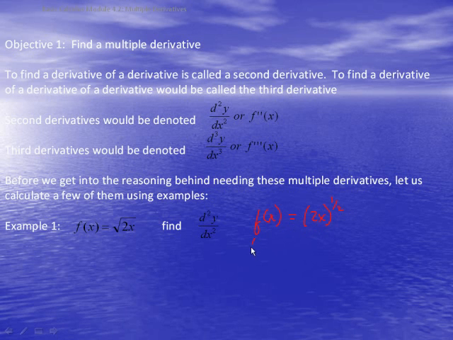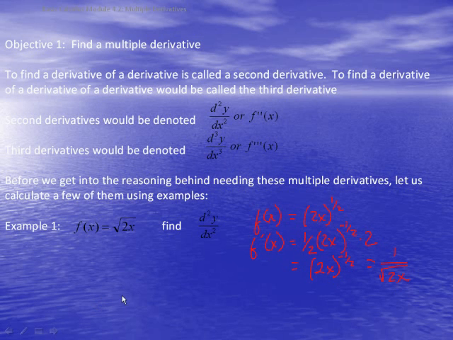And so that would mean that f prime of x would be equal to 1/2 times 2x, and we're going to subtract 1, so it would be negative 1/2, times the derivative of the inside using the chain rule, which would be times 2. So this would be equal to, the 2 and the 1/2 will cancel each other out, which will give us 2x to the negative 1/2, or 1 over the square root of 2x.